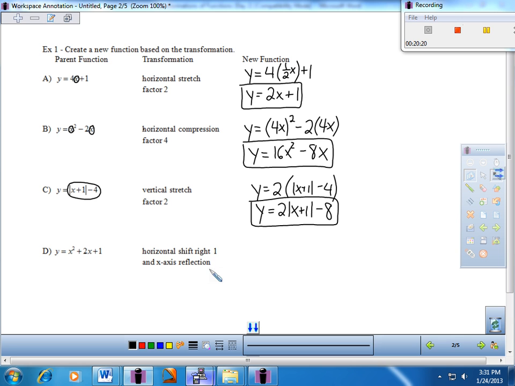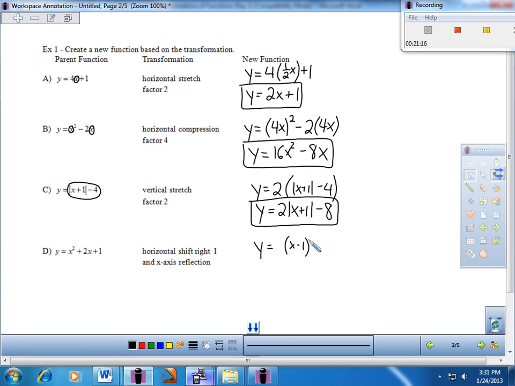So let's see if I can start this out a little bit here. I'm not going to circle anything at this stage. I'm just going to kind of deal with this piece right up here. Then I'll see if I can broach this subject right down here. So how do I move a function 1 unit to the right? You're going to have to know this from yesterday's lesson. And if you do remember, we're going to replace all of the x's, in this case those x's right here, with x minus 1.